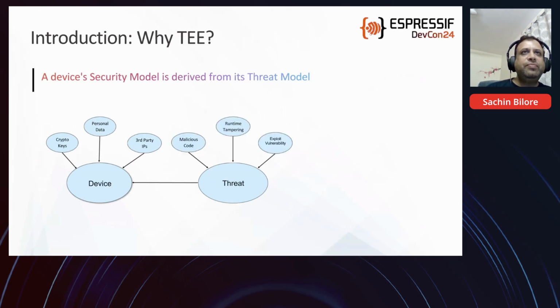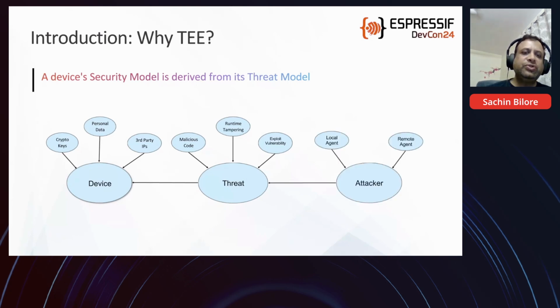Some of the possible threats, as listed here but not limited to these, are malicious code, which may already be part of the device software, some form of runtime tampering, or exploitation of vulnerabilities which are not fixed in the device software.